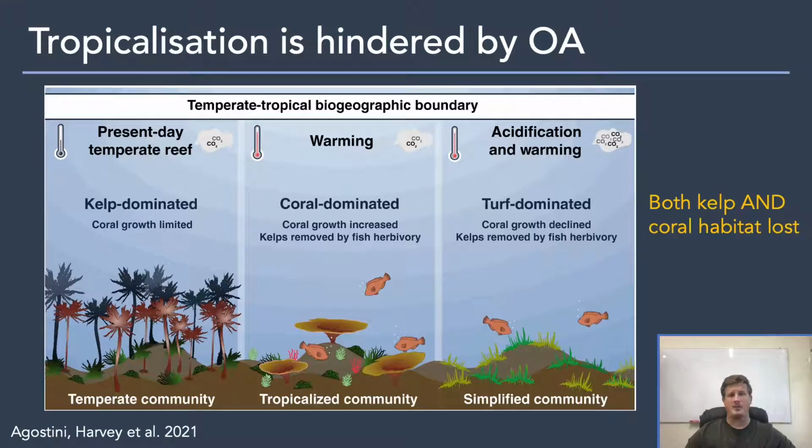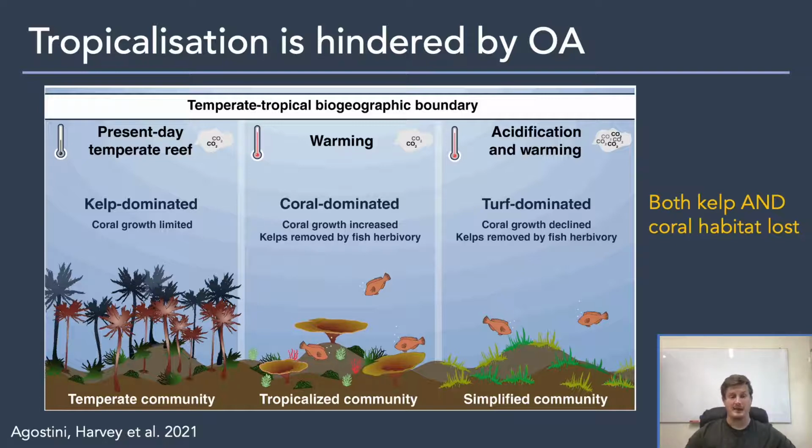So overall, what this means is that for our present day temperate reefs, our kelp forest, if they undergo tropicalisation, the general positive idea that they might become a tropicalized coral dominated system is not going to be the case if you also consider ocean acidification, because within our system the kelp would be lost due to the increased fish herbivory associated with subtropical environments, and the coral growth would be declined by the ocean acidification conditions.